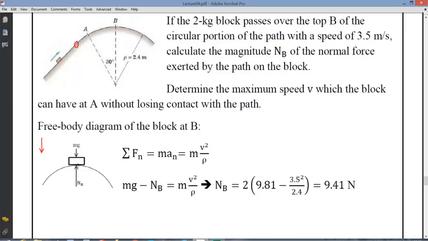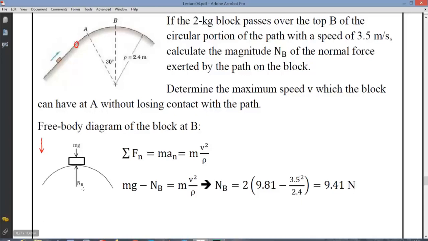Now, this is one direction. Obviously, this block is doing a curvilinear motion, so you might ask yourself about the other direction. But the other direction motion doesn't really help us to configure this NB, because, like I said, as you resolve the vector equation of Newton's equation into two scalar equations, they become independent from each other.